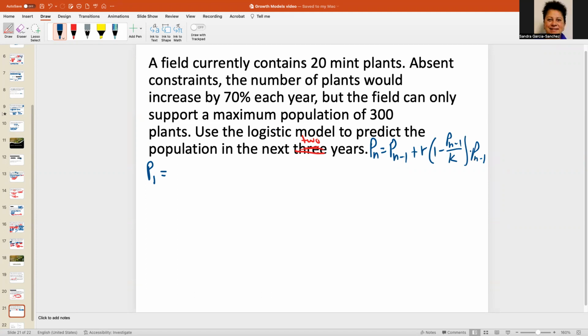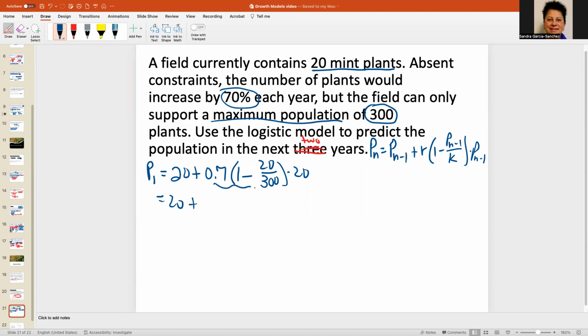Okay, notice that 20 is the P sub 0. R is the rate, which is 0.7. 1 minus 20 divided, and here it says they support a maximum population of 300 plants. So that is your carrying capacity. That would be K times 20.